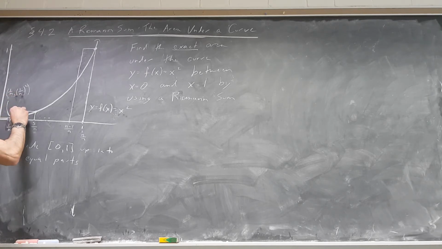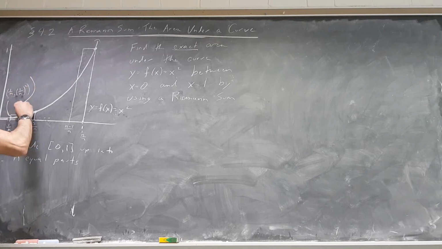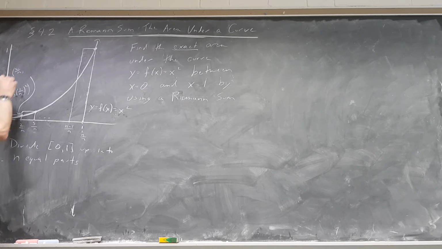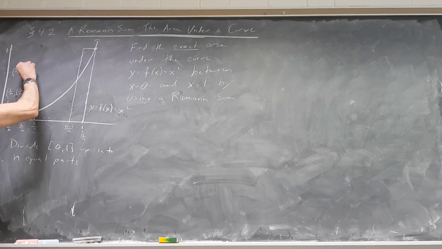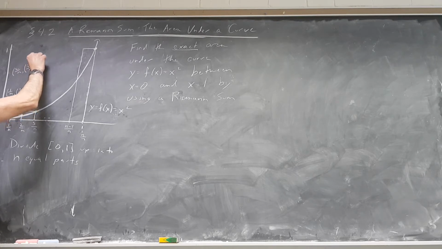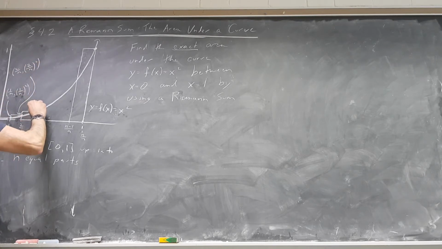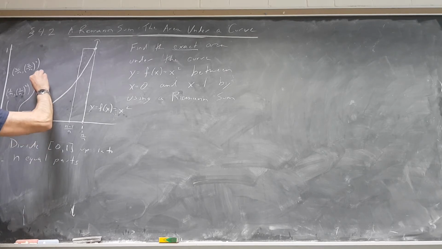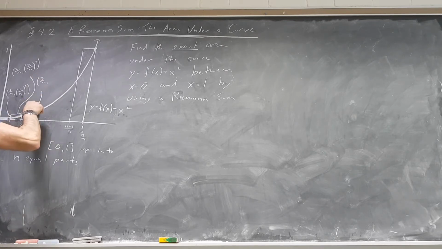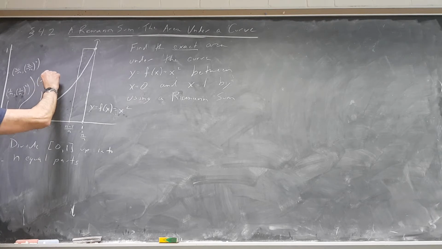The second rectangle touches the curve at 2 over n, and its y-coordinate is going to be 2 over n all squared. The third rectangle touches the curve at x equals 3 over n, and the y-coordinate is going to be 3 over n all squared.